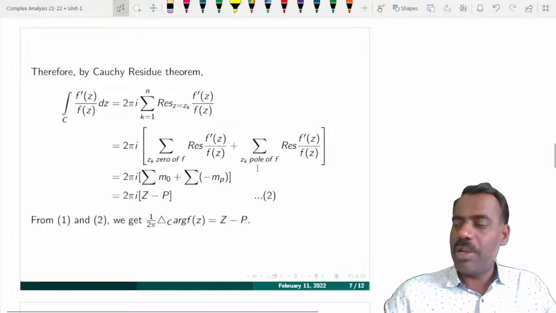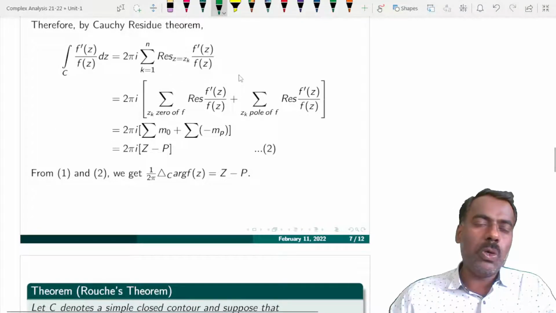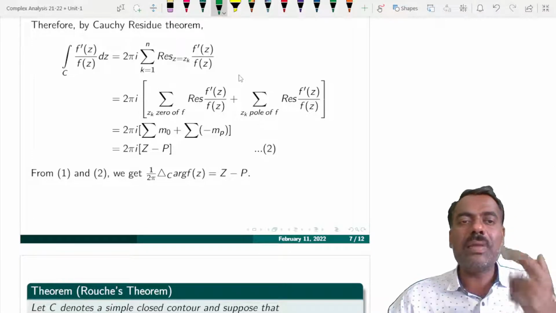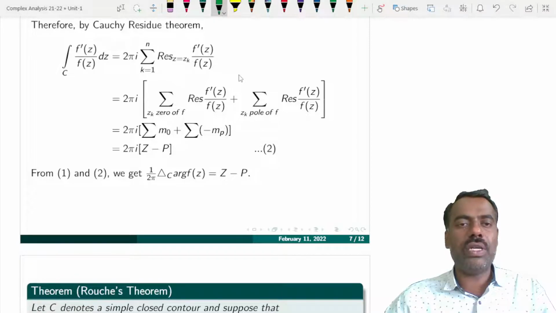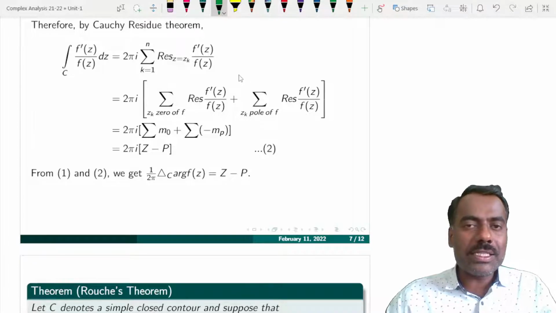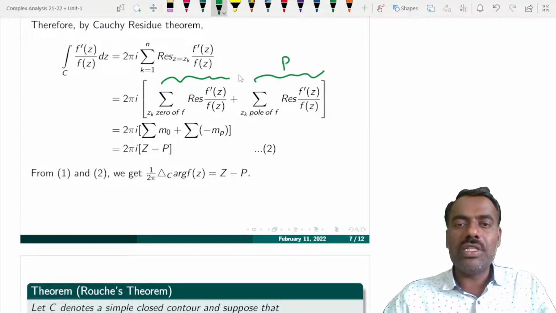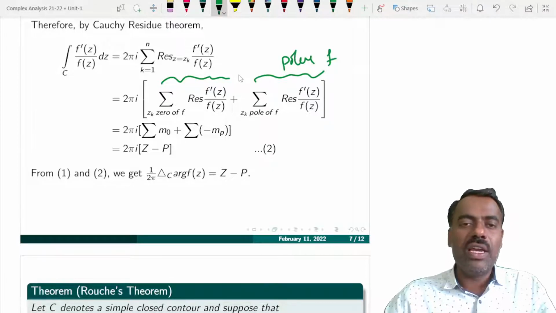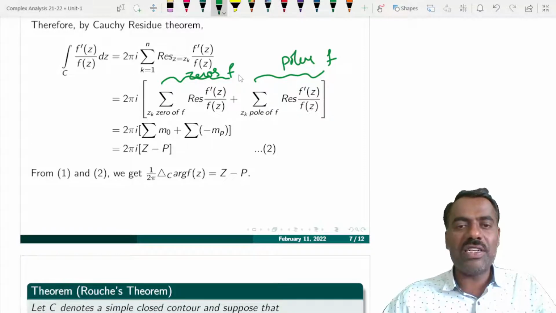Now therefore, by the Cauchy residue theorem, these all become poles for f dash of z by f of z. So 2 pi i times the sum of the residues, suppose they are finitely many, 1 to n, and these residues we can separate using zeros of f and poles of f. So this belongs to poles of f, and this belongs to zeros of f. So the residue of f dash of z by f of z, where zk is a zero of f or zk is a pole of f.